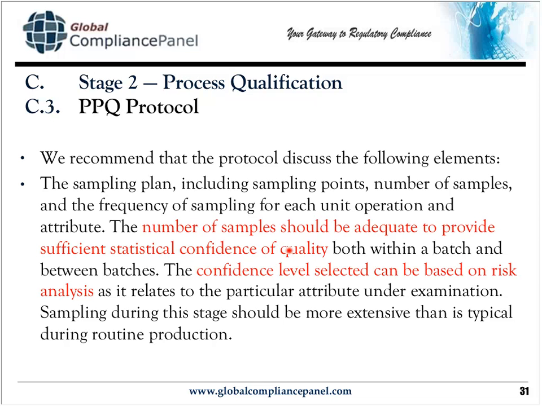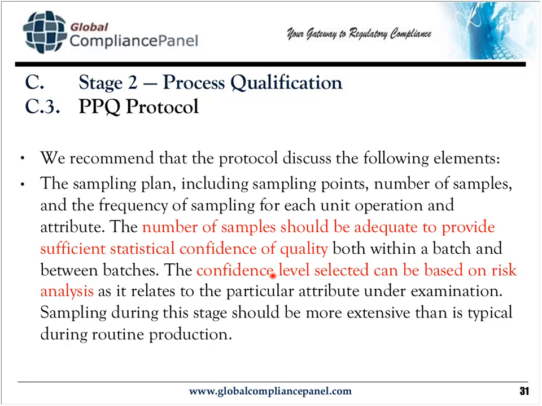And both within a batch and between batches, and the confidence level should be based on risk analysis. In other words, if you have a step where the risk analysis shows that the consequences of variation in this step are not very huge in terms of the quality of the product, then maybe you don't need to have a high level of confidence for the results at that stage.